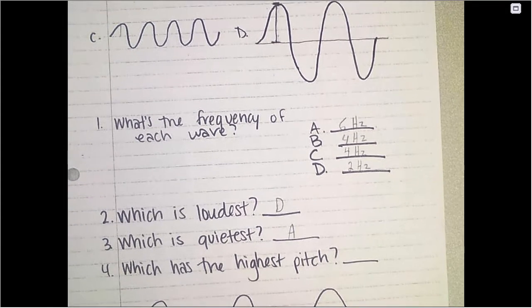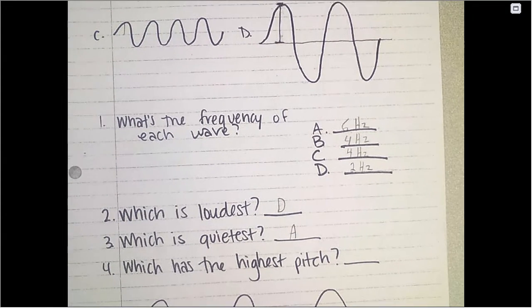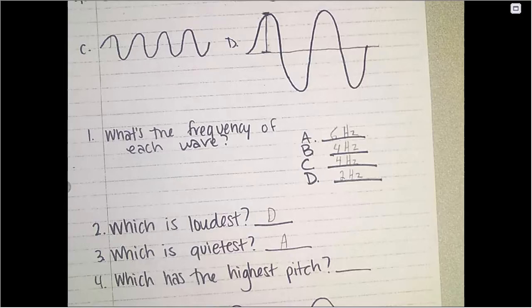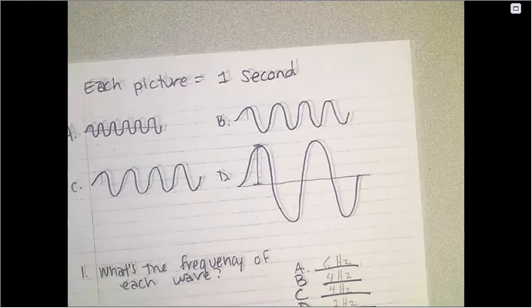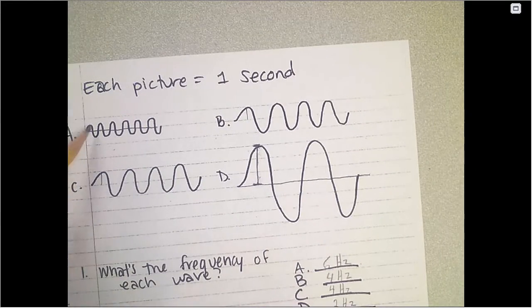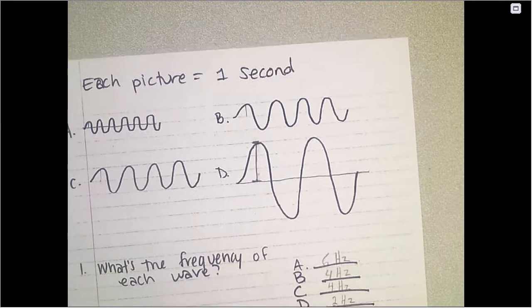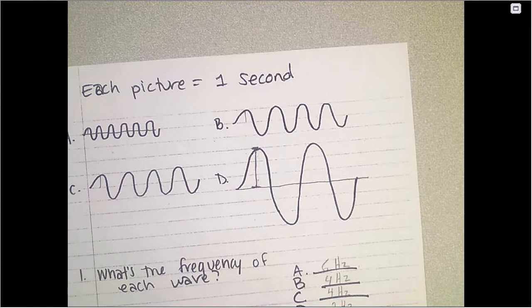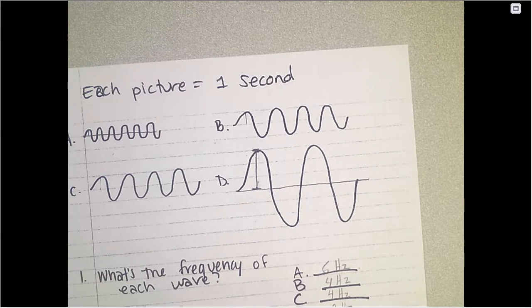Which has the highest pitch? This is where people really get confused. Pitch has nothing to do with volume. So now we're no longer looking at how tall the waves are. We're looking at which one has the highest number of vibrations in a given period of time, or the highest number of vibrations per second, which is hertz.